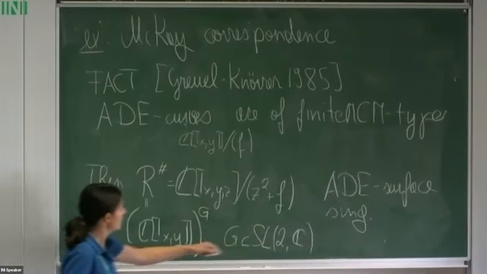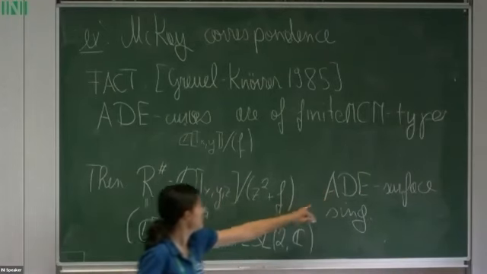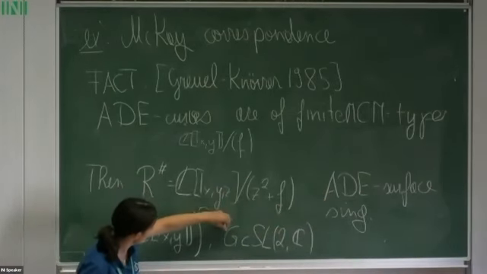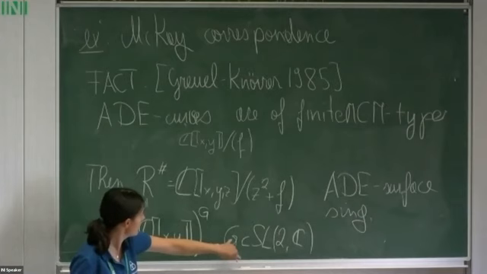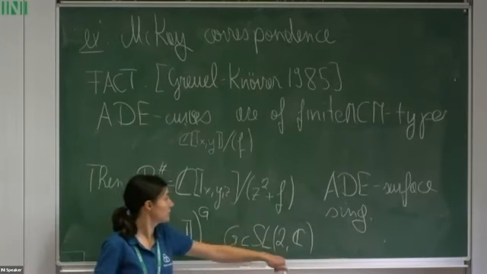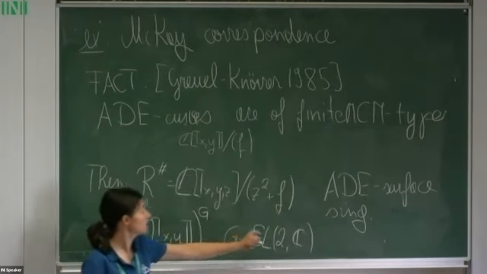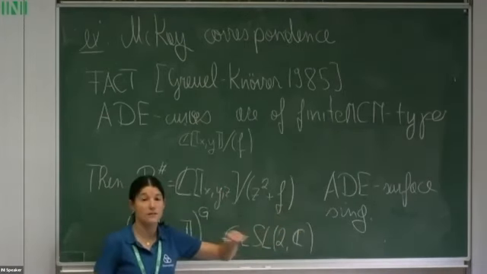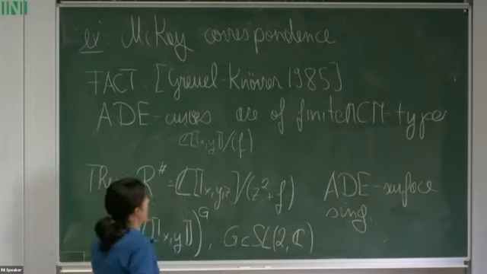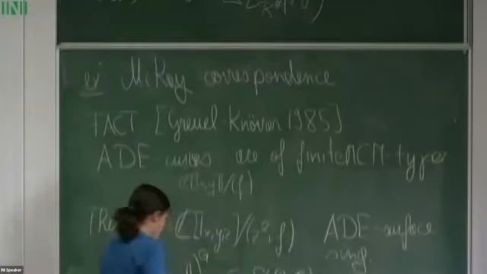For each ADE surface, we have one finite subgroup of SL2. For the A_n, we have the cyclic subgroups. For the D_n, the dihedral subgroups. And E6, E7, E8 are the symmetries of the tetrahedron, octahedron, and icosahedron.